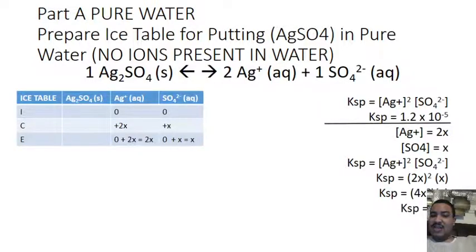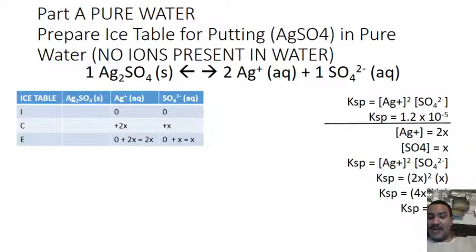And so we can use the ICE method to solve this equilibrium problem by substituting for the silver ion squared with 2x squared, and the concentration of sulfate with x. And that gives us 2x squared times x, and remember we have to square the 2 as well, so that's 4x squared times x, which is 4x cubed, is our expression for the KSP.